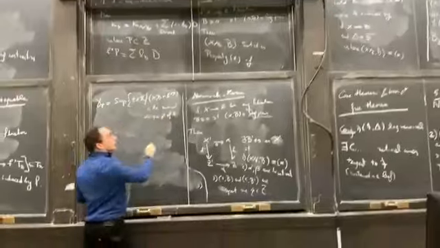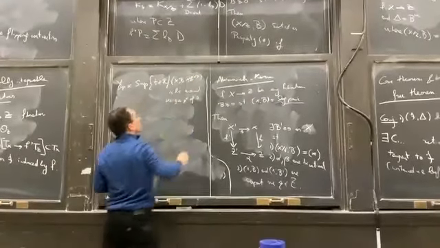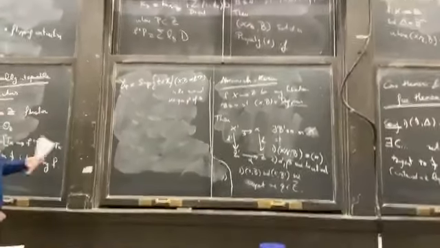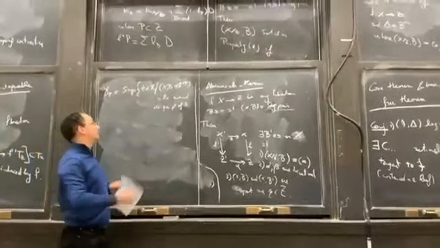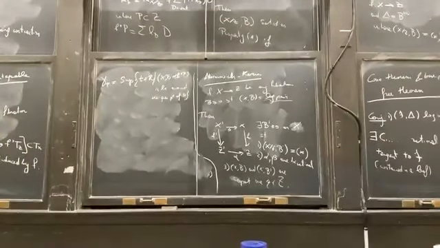And of course, when I say general point of p, I mean the perimeter around the general point of p.